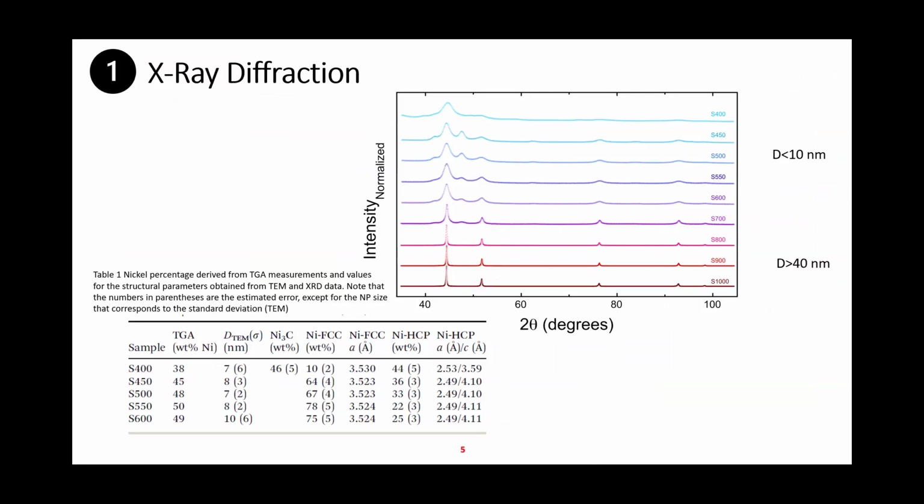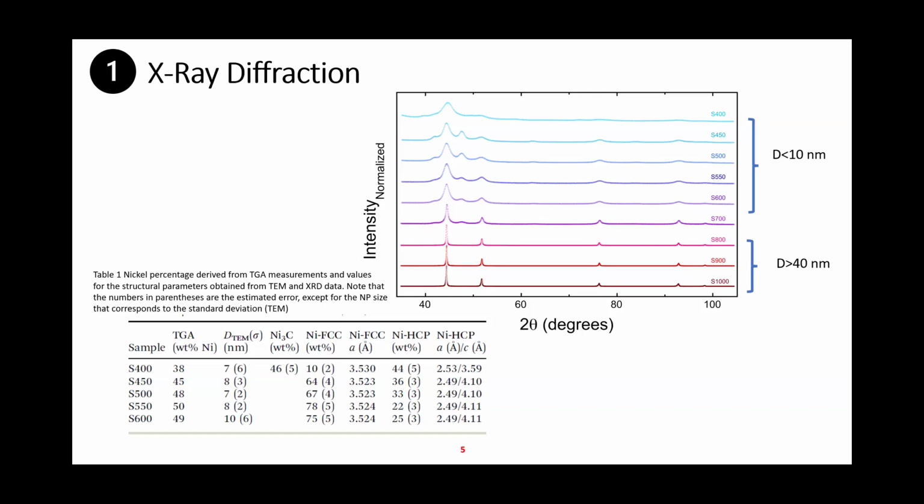Regarding the diameter, these samples divided into groups. At the lower carbonization temperatures from 400 to 600, the crystalline diameter is lower than 10 nanometers, and at the higher carbonization temperatures from 800 to 1000, the crystalline diameter is more than 14 nanometers.